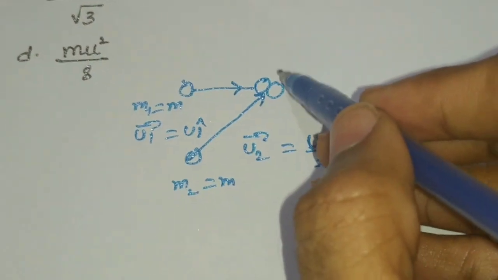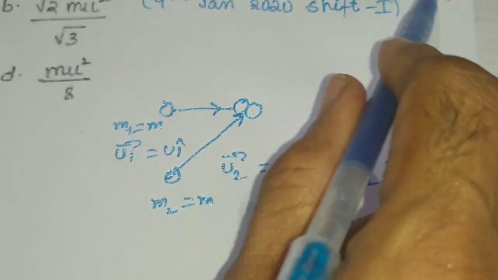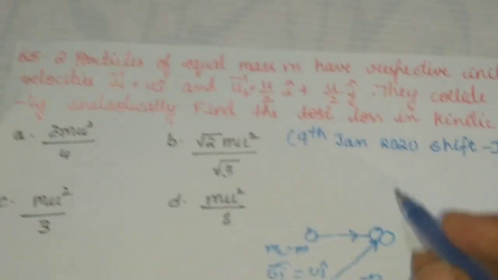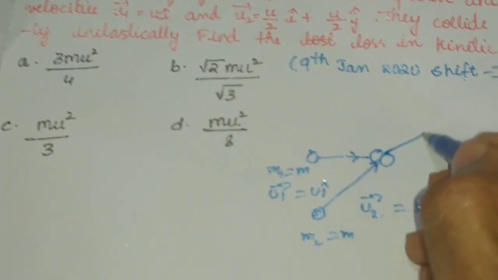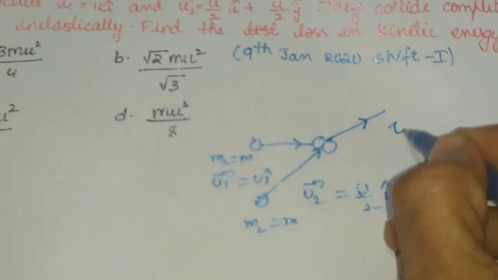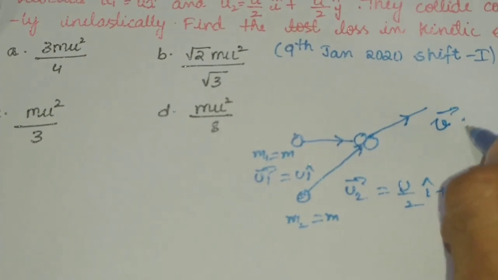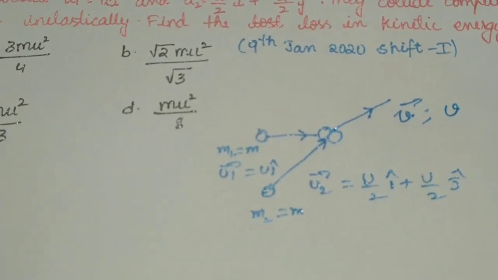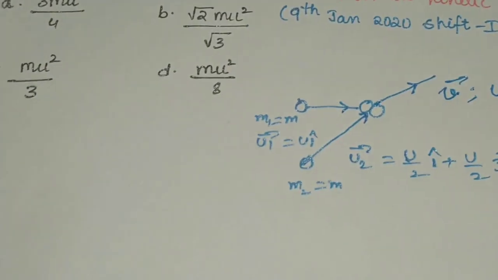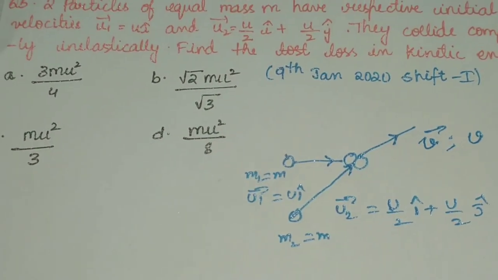After collision, they are making completely inelastic collision, so they move together with some final velocity v bar of magnitude v, and we have to find the loss in kinetic energy in the process.